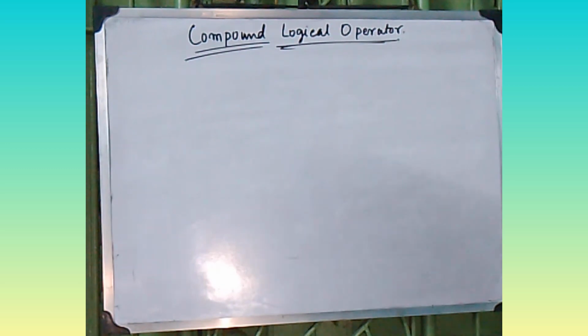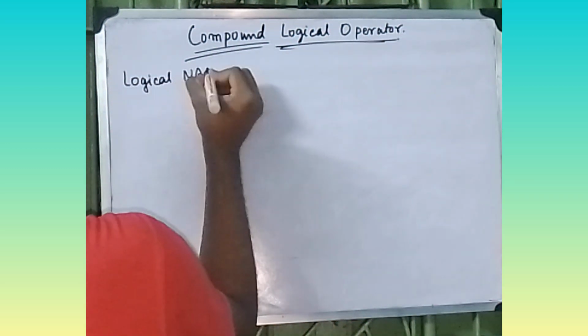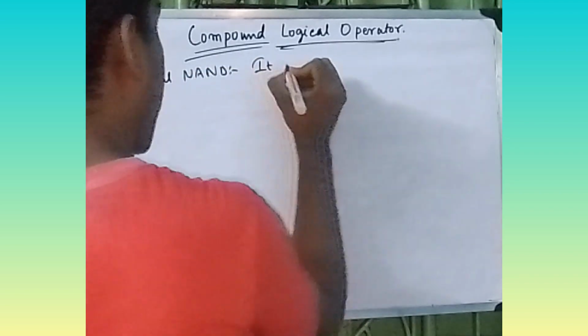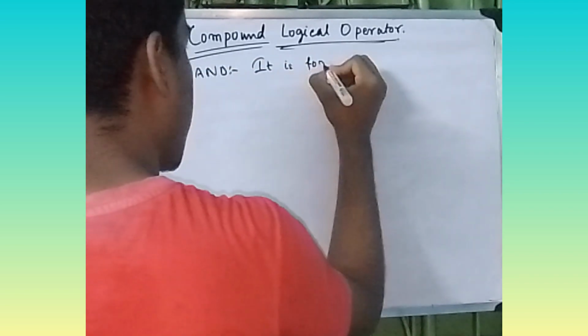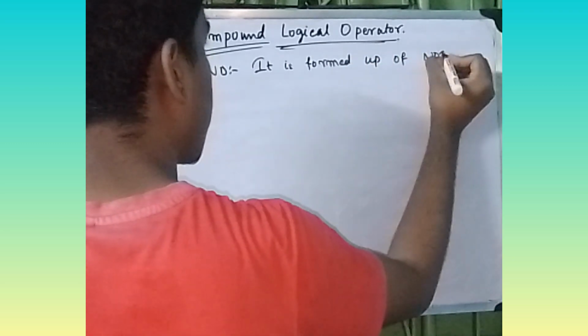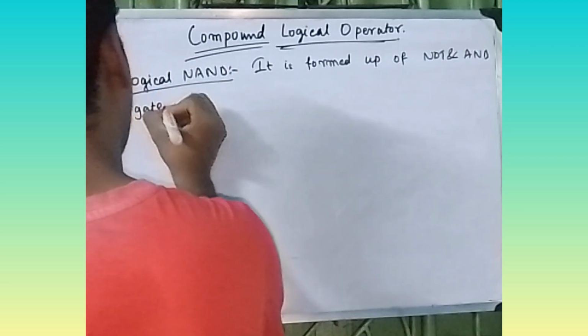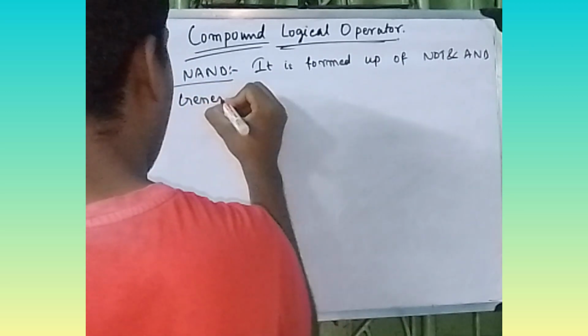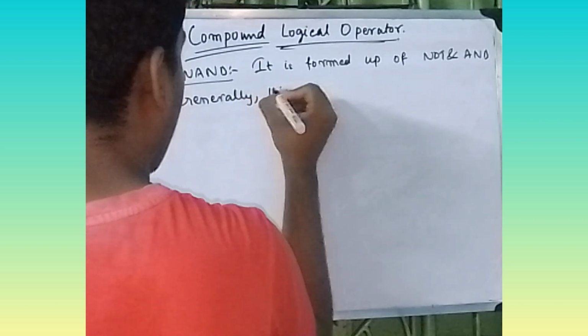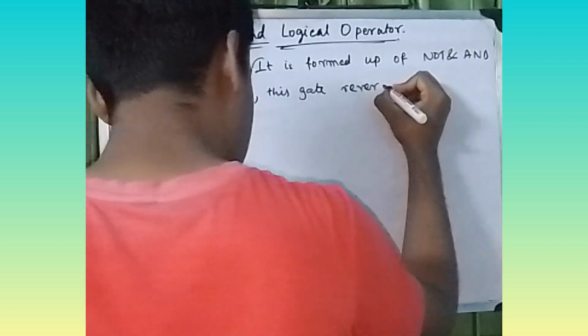Let's move on to our next logical operator, known as logical NAND. Logical NAND expression is formed by the combination of AND and NOT logic gates. Generally, this gate is used to reverse the function of the logical AND gate.